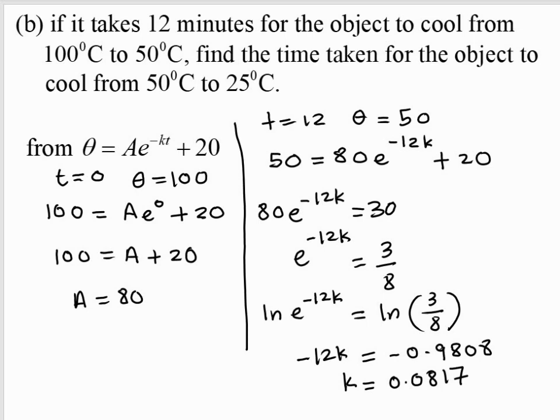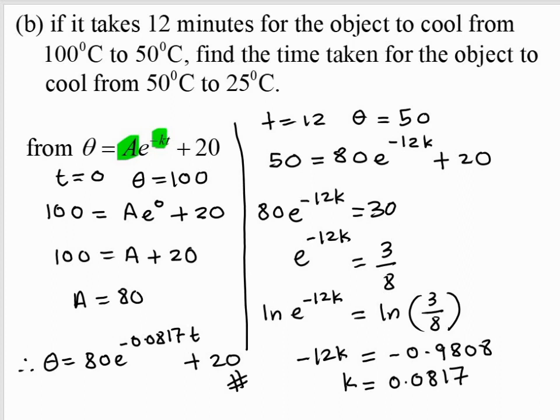And let's resubstitute our k and our A now. So now we have theta equals 80 e to the power of negative 0.0817t plus 20.